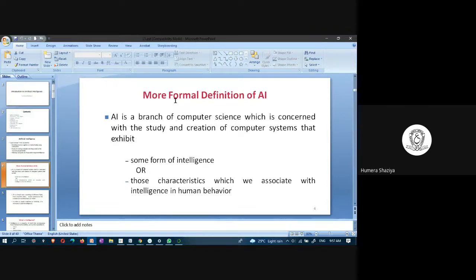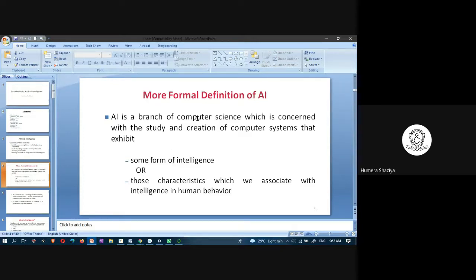And a more formal definition of AI is that AI is a branch of computer science which is concerned with the study and creation of computer systems that exhibit some form of intelligence, or those characteristics or properties which have been associated with intelligence in human behavior. Let us decode this.